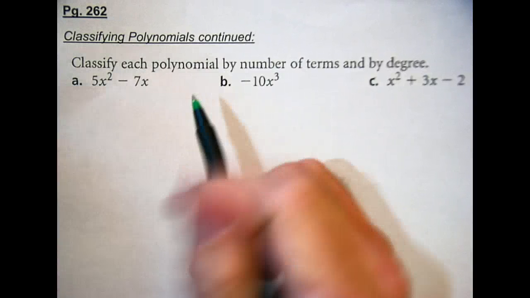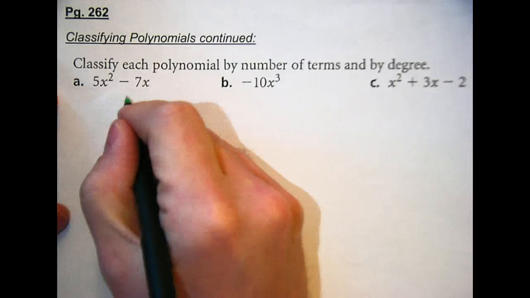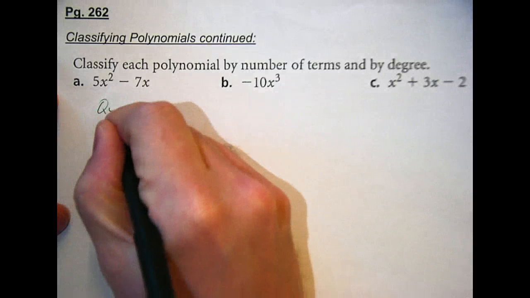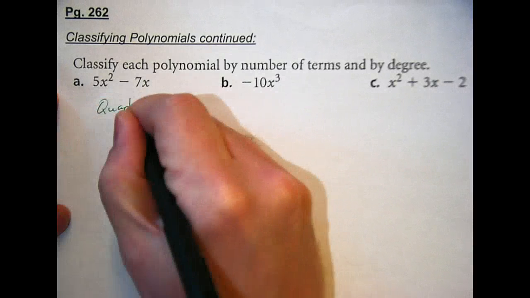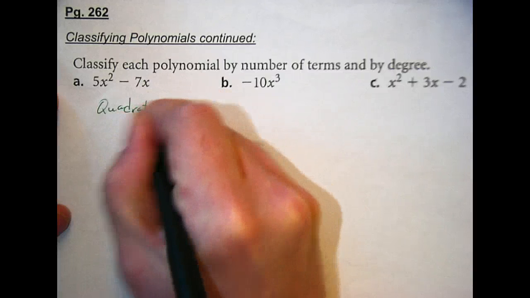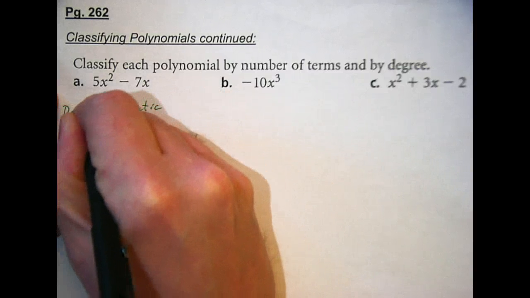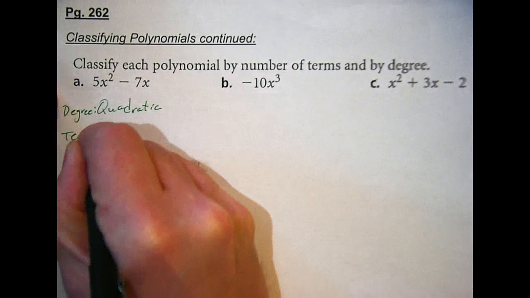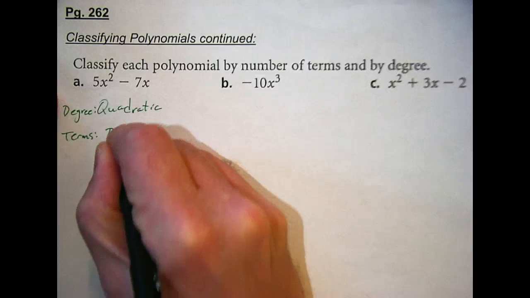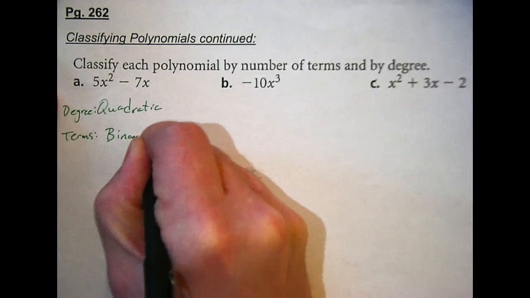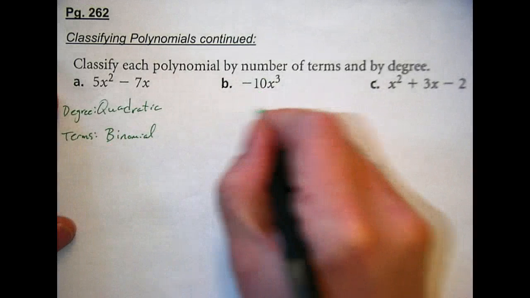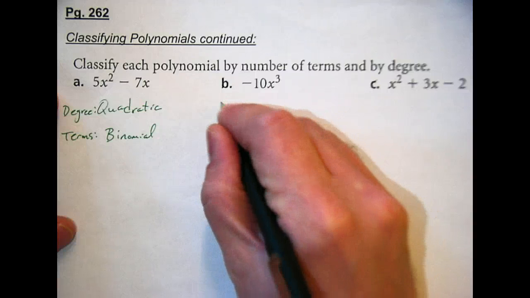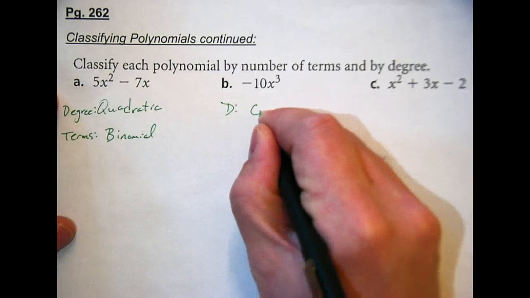All right, by degree, everyone, what's this one? Good, so quadratic. So by degree, we call it a quadratic. By terms, we call it? It's a binomial. Okay. All right, by degree, what do we call this one? Okay, we call it a cubic.